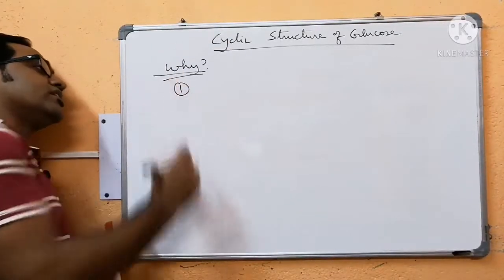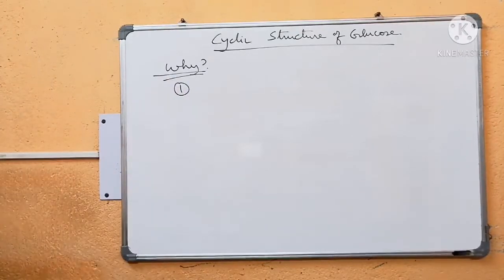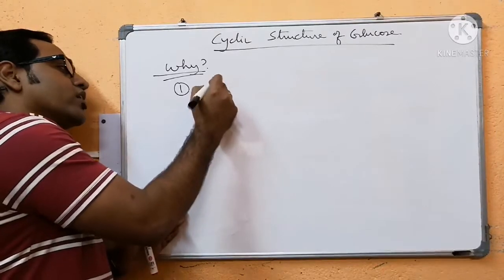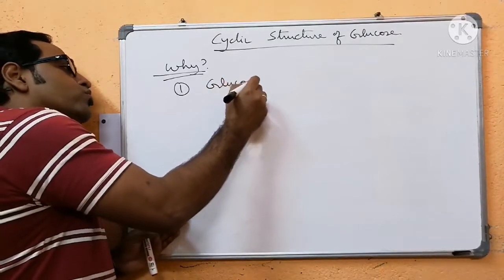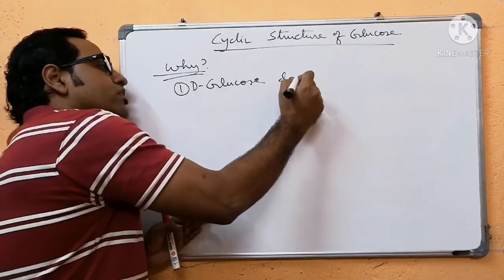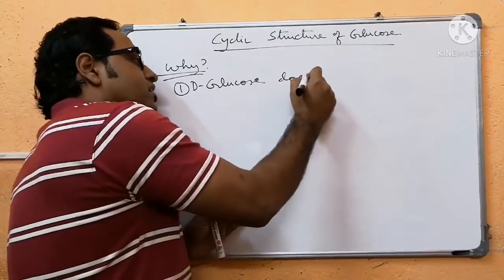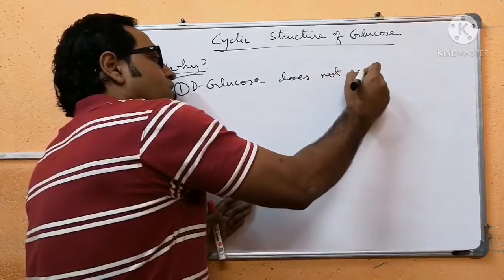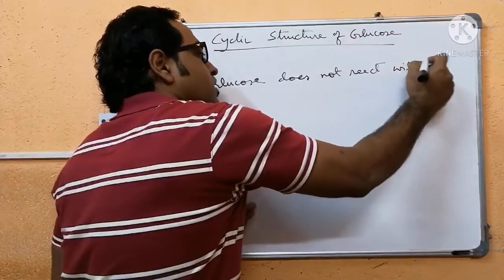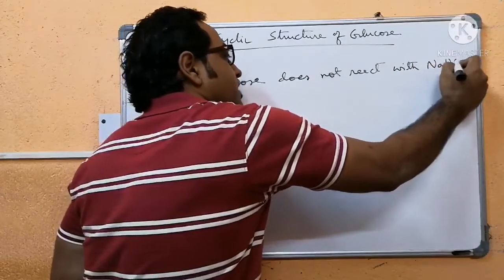The first point is that glucose does not give the sodium bisulfite addition product. D-glucose does not react with sodium bisulfite.